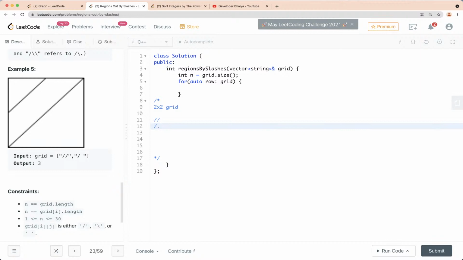The main crux is, of course, we have to count the number of islands, but the main thing that they are testing is how do we process this grid and create a graph that actually makes sense. Man, this does not look like a medium problem to me. It's really good.